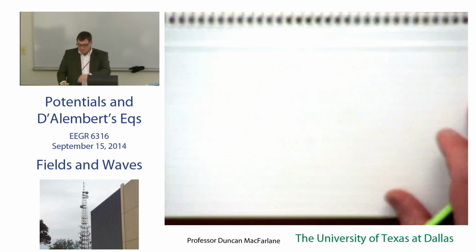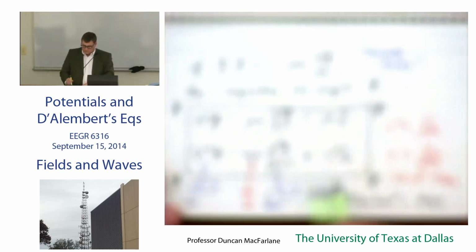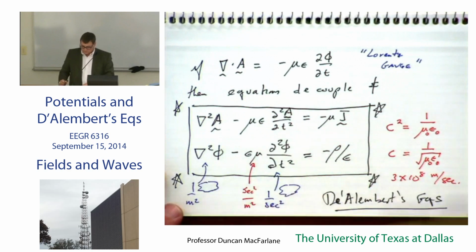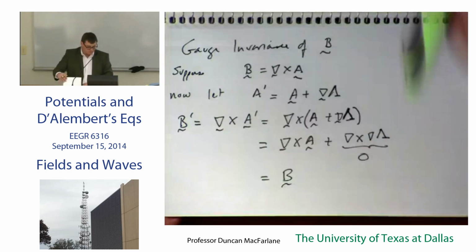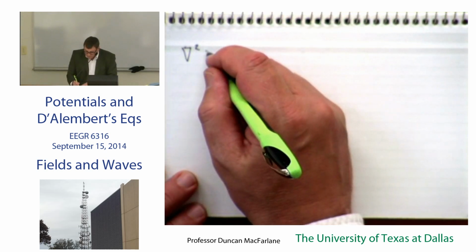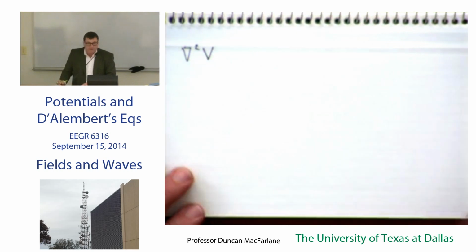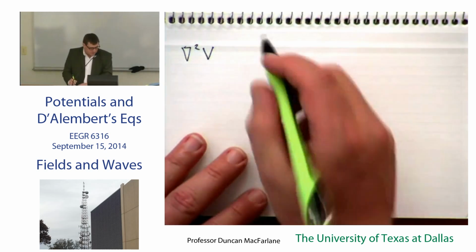All right, I'm going to play around with this equation here, because I think you guys are going to need it next week. Okay? So, del squared, I'm going to write it as V, because I know that half of you learned this as phi and half of you learned it as V. So I'll just switch gears a little bit.